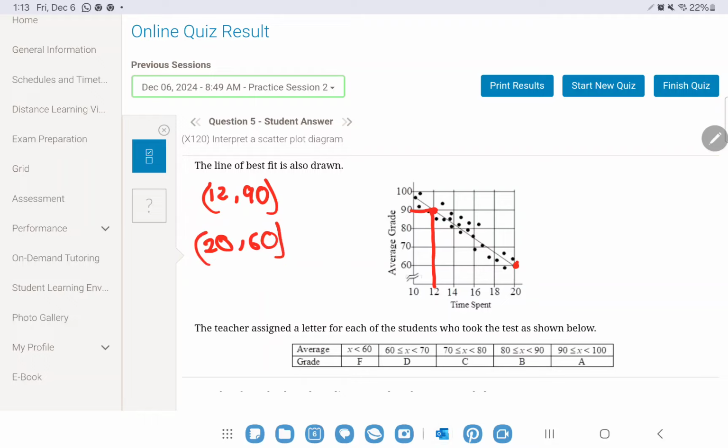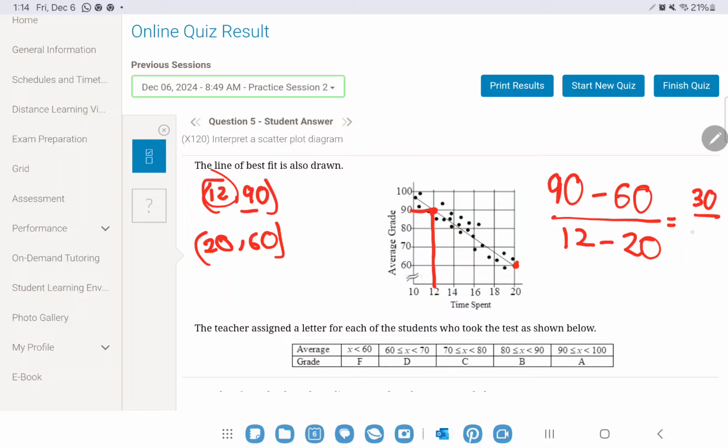Now, to find the slope, we said y2 minus y1, which is 60, over the x2, which has to be the one with the y you chose. So 12 minus 20. You're gonna get 30 over negative 8.